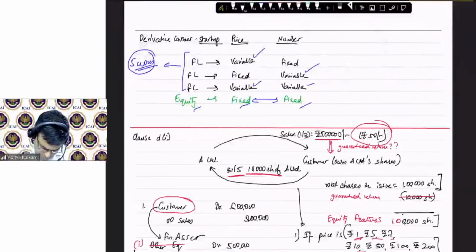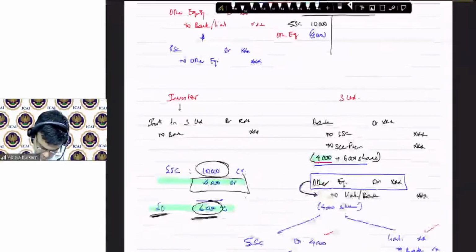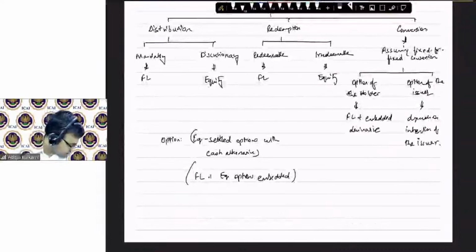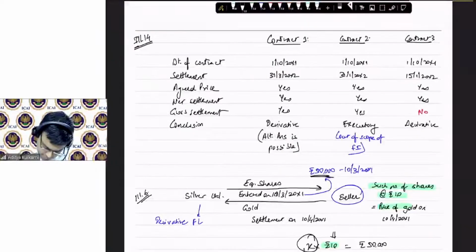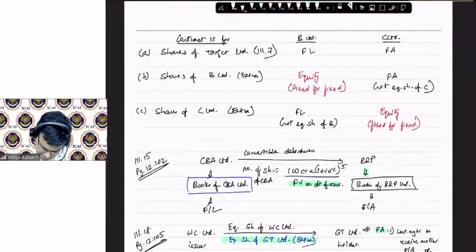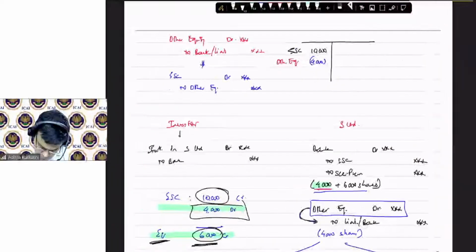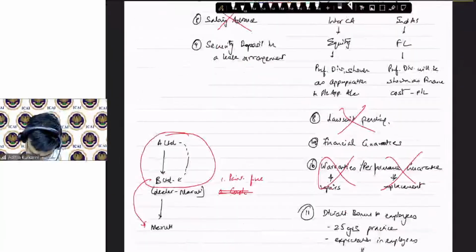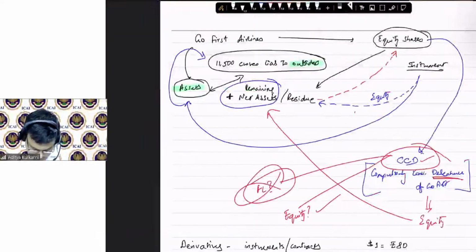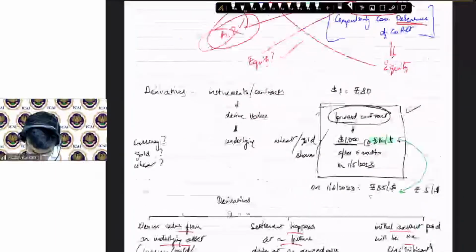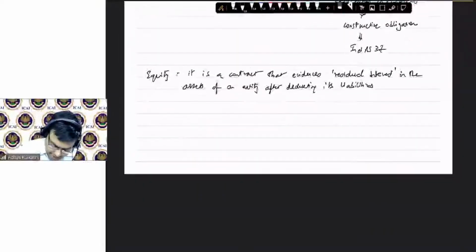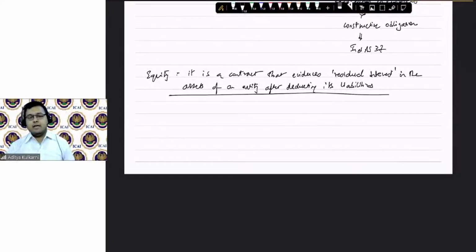Equity examples we had not discussed, but we had discussed financial assets and financial liabilities. We had discussed equity as a contract that evidences residual interest in the assets of an entity after deducting the liabilities.